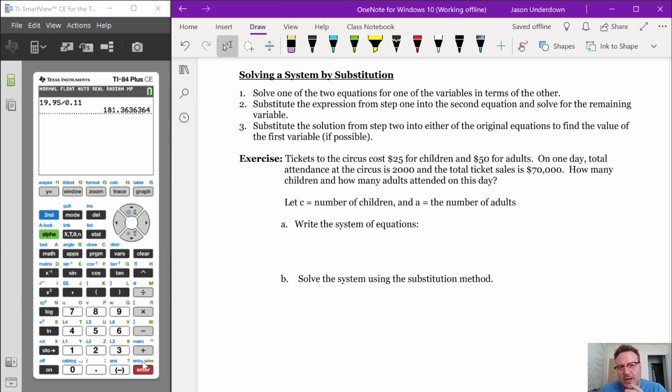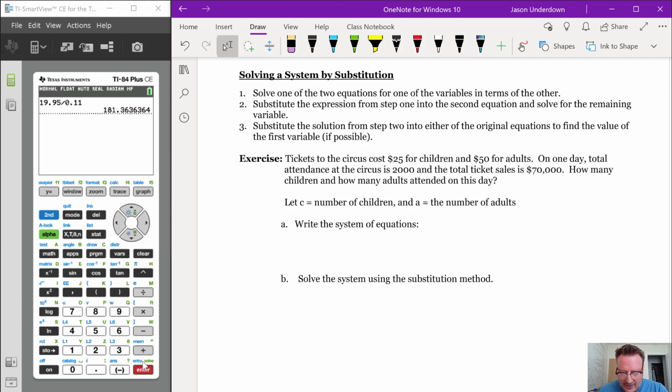So from this word problem, we're going to have to glean two linear equations that relate C and A. And then when we solve the system, we can solve uniquely for how many children and how many adults attended the circus. Clearly, this has to be a unique number. We know there's a solution ahead of time because this actually happened.